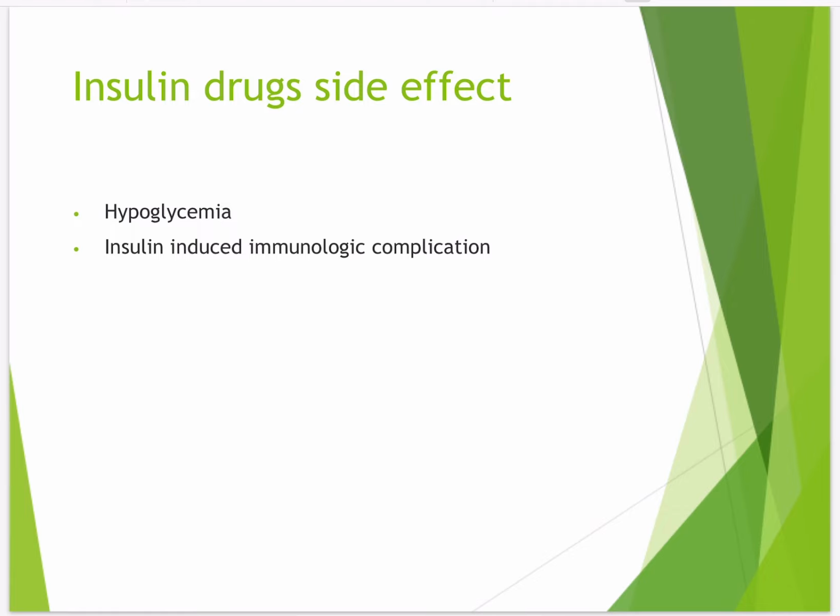Insulin-induced immunological complications sometimes also happen, but rarely, and it is better we try to regulate insulin, and every month we measure hemoglobin A1C and other things also.